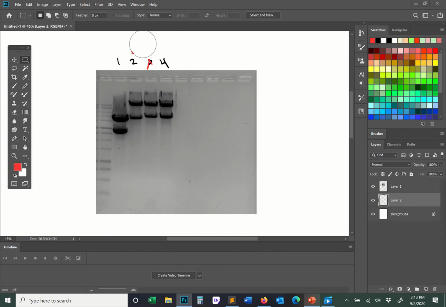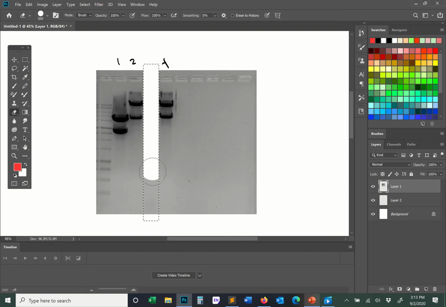You want to get rid of that lane 3, okay? So what you might do is you might go to that data layer, select it, and erase. Okay, we haven't broken any rules yet.